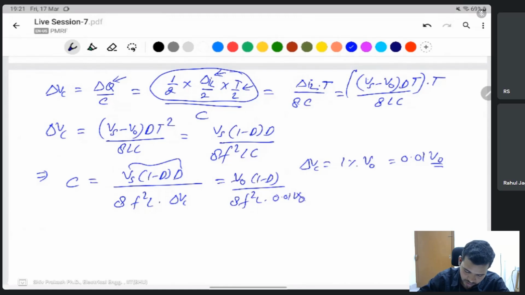V0 cancels out; the frequency, inductor and duty cycle are all given, so you can calculate it. Yes, approximately 12.5 microfarad.